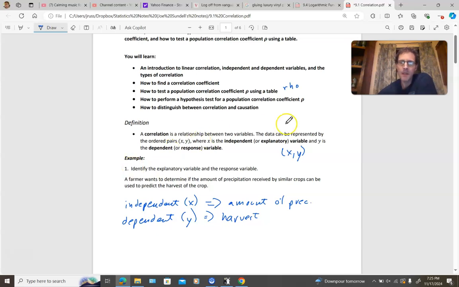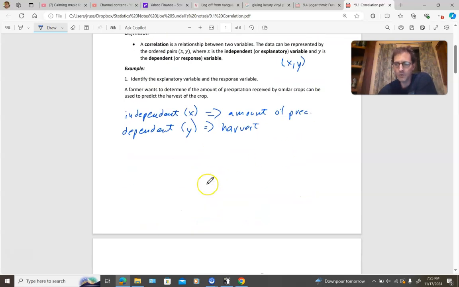Okay. And so by looking at a scatter plot, it's not very mathematical, but just from the way the ordered pairs are scattered, you can get a sense or a feel for if there's a correlation there or not, okay, between your independent and your dependent variables. So that's what we're going to look at next, some examples.